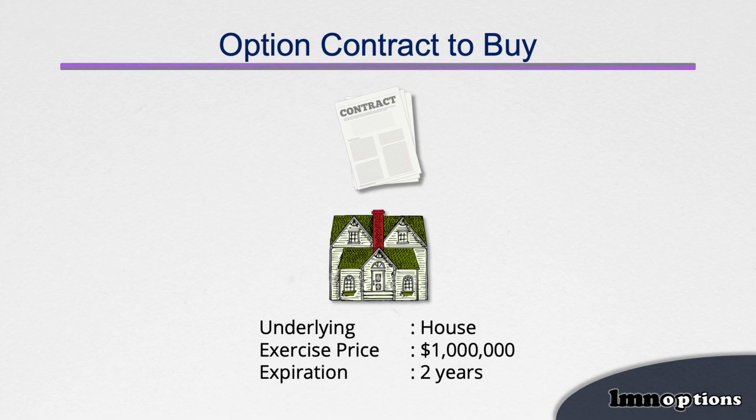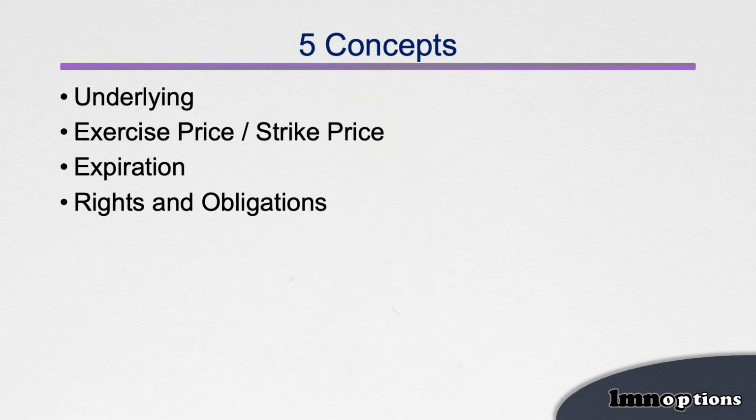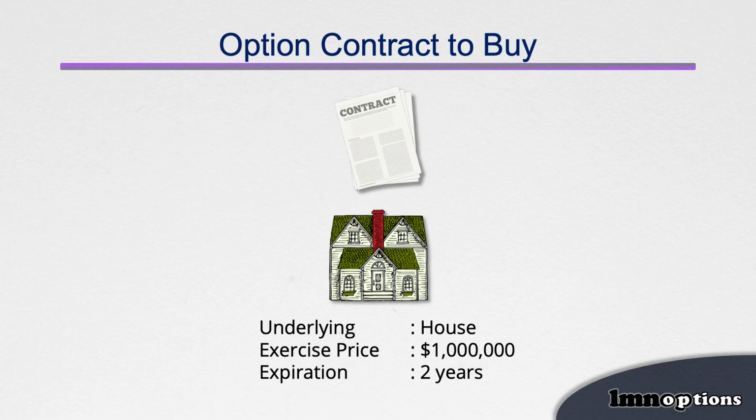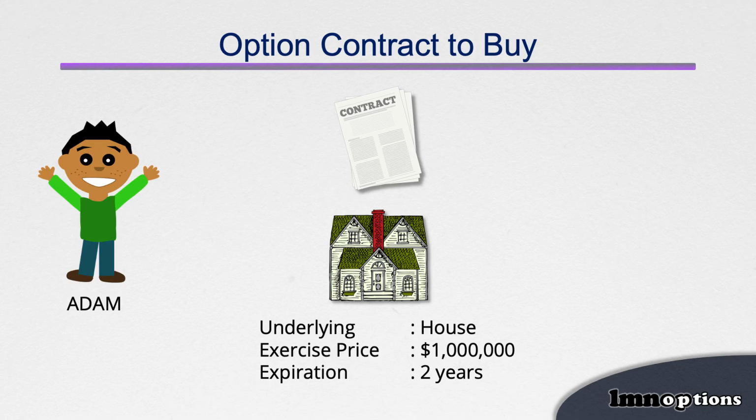The next concept we're going to look at are rights and obligations. What does this mean? Let's go back to our example to explain this. So let's introduce our first character. His name is Adam, and Adam is the buyer of the contract to buy the house.